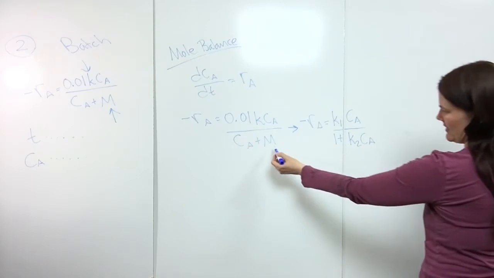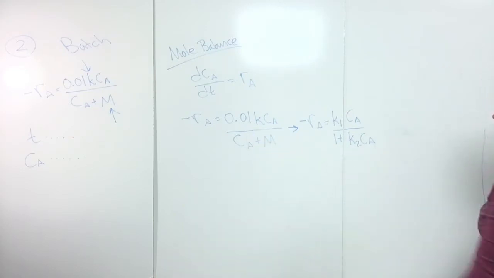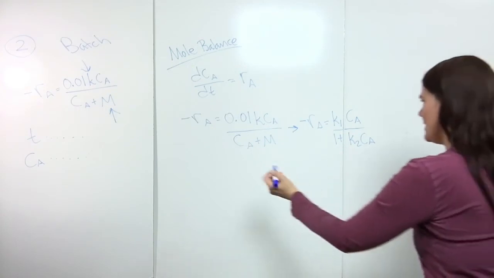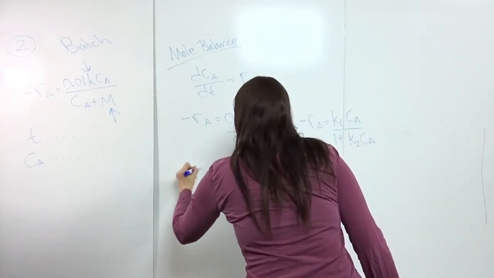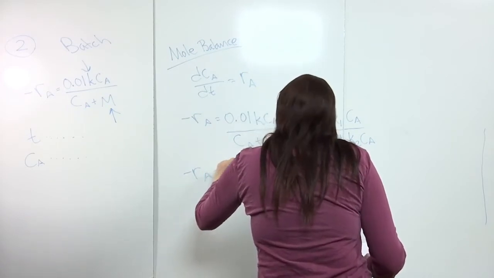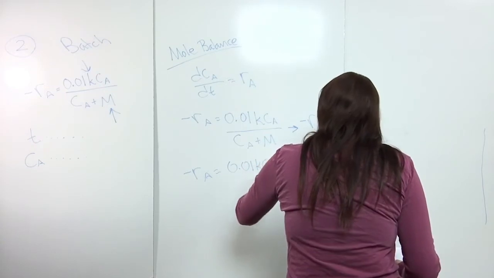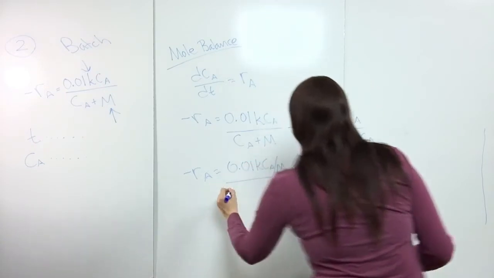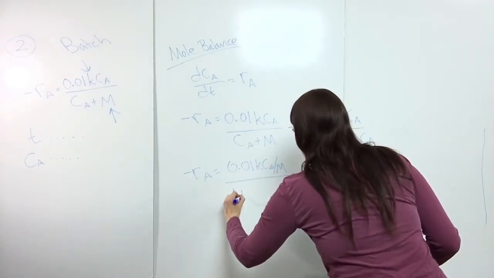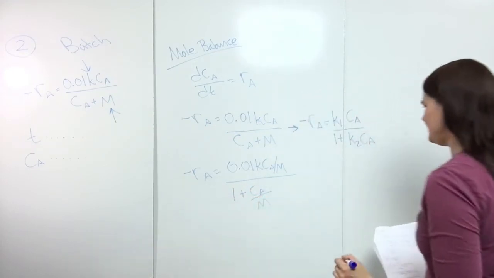First of all, what we can do is divide through by m, because this is 1 plus K2 over CA. So if we do that, we get minus rA is equal to 0.01 K CA over m, and that's over 1 plus CA over m.